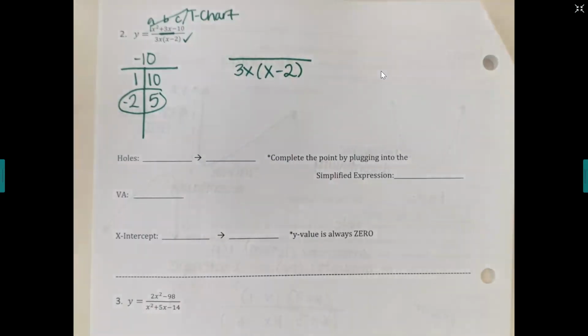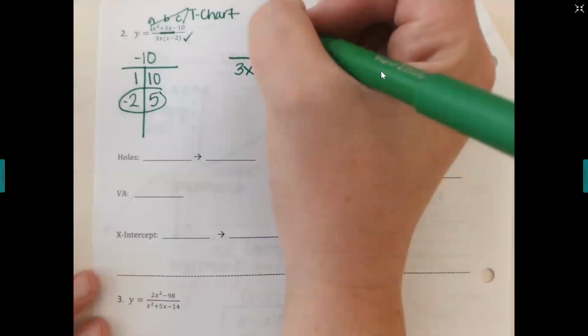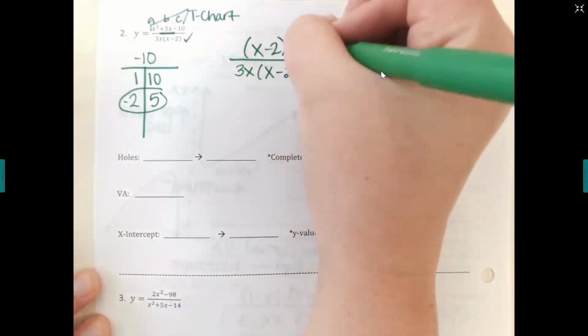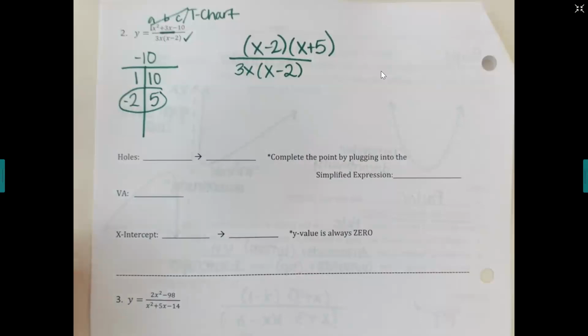So if I'm picking -2 and 5, my parentheses are going to be x minus 2 and x plus 5. Okay, so at this point, we've been factoring the long way for long enough that if it's a 1 for your A, just go straight to your parentheses and skip those middle steps.